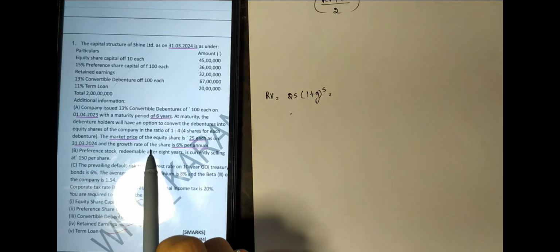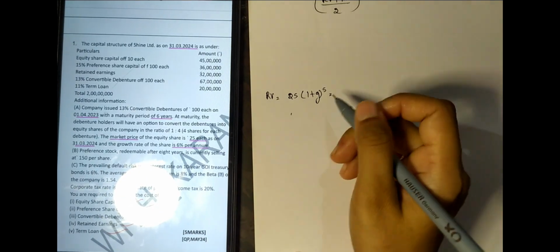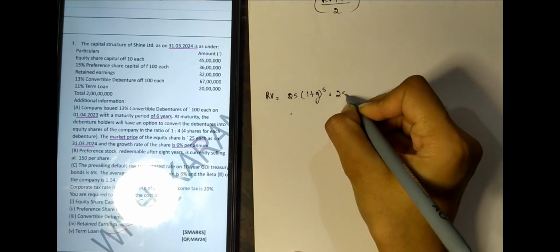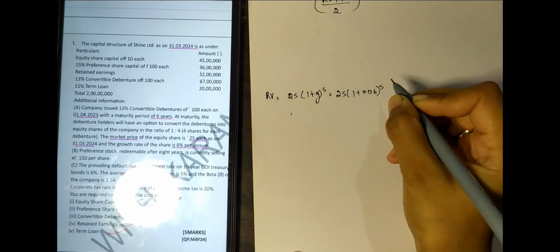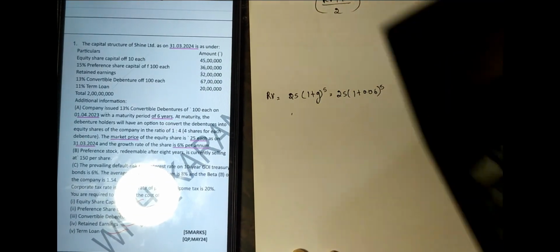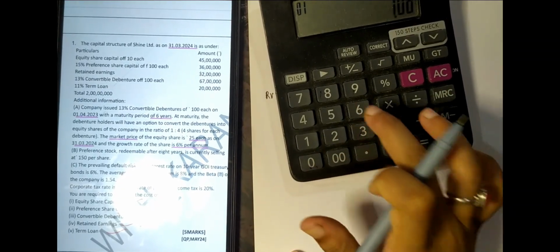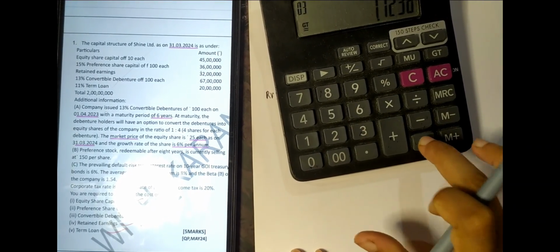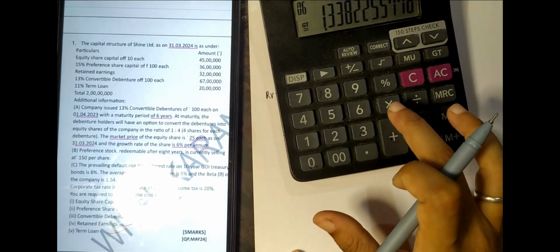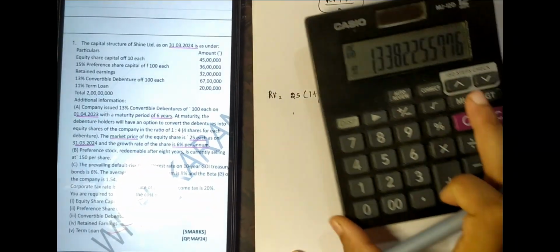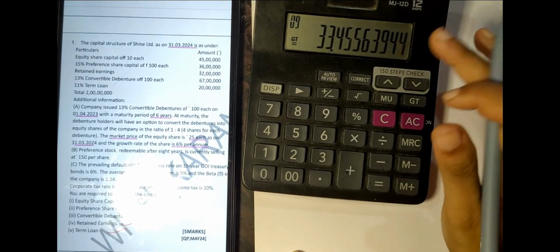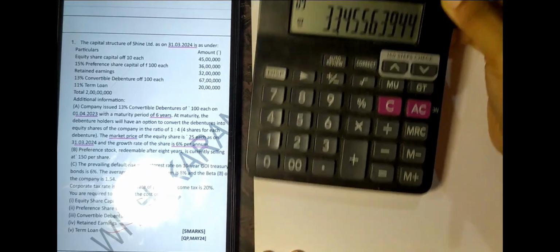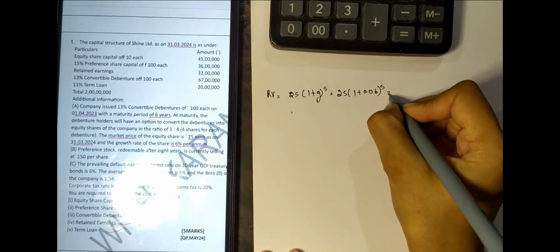The growth rate given here is 6%, so 25 into (1 + 0.06) to the power 5, which is 1.06 to the power 5, into 25. So the price of the share after 5 years is going to be 33.46.